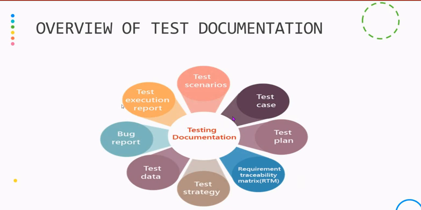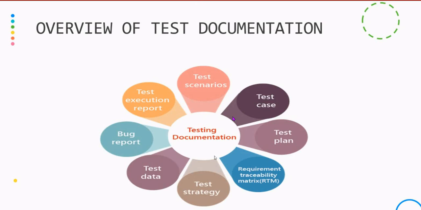It includes test scenarios, test cases, test plan, requirement traceability matrix, that is RTM, test strategy, test data, bug report, and test execution report. Once we start making test documentation, we will start by writing test scenarios, continued with test cases.